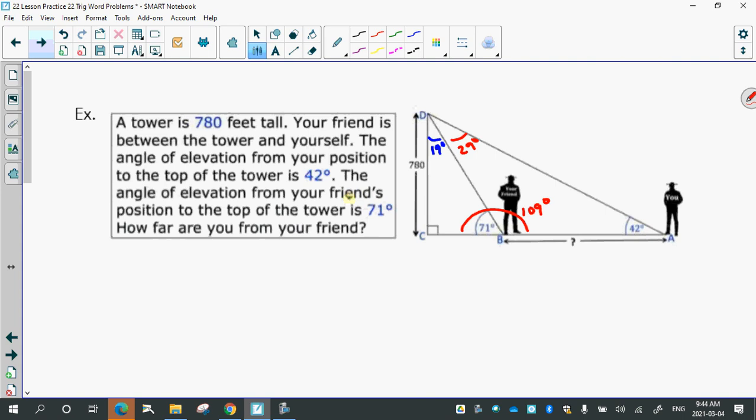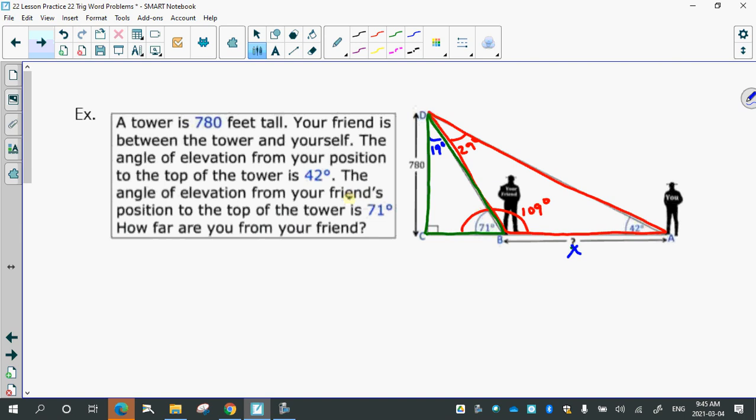So in this triangle that I'm going to outline in red, I know all the angles but no sides. Everyone agree? And in this triangle I'm going to outline in green, I know all the angles and one side. So how does that help me towards getting eventually this distance here between A and B?